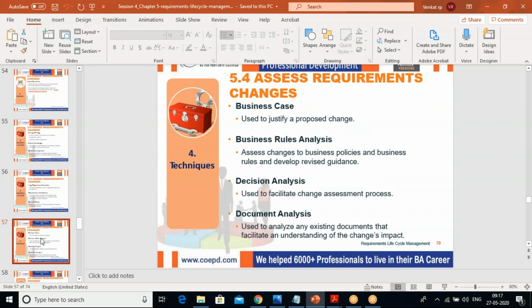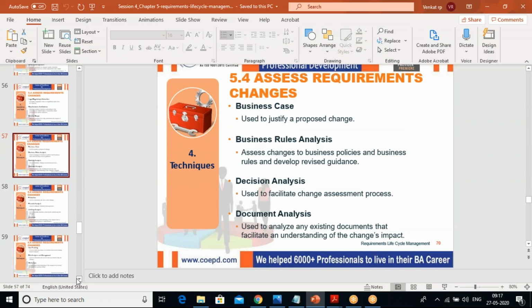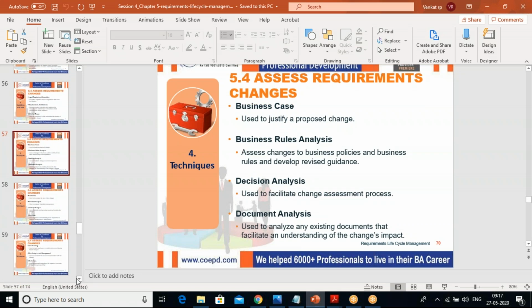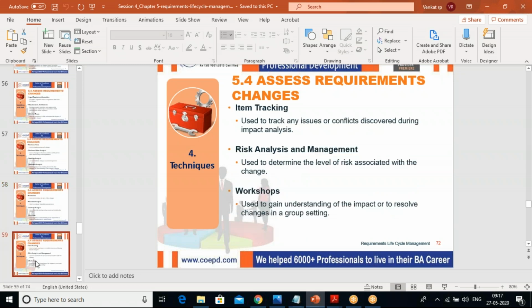Okay, and then we have the techniques here, very similar to the techniques we used in the previous case: business case, business rules analysis, decision analysis, requirements document analysis, estimations, financial analysis, interface analysis, interviews, item tracking, requirements analysis and management workshops.